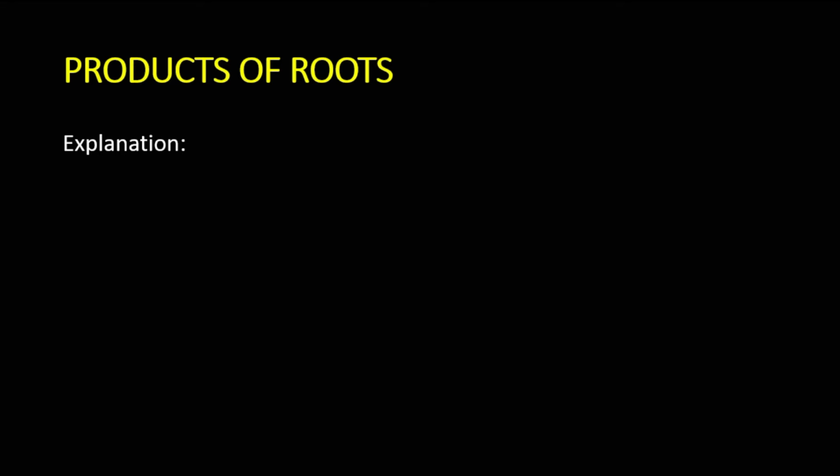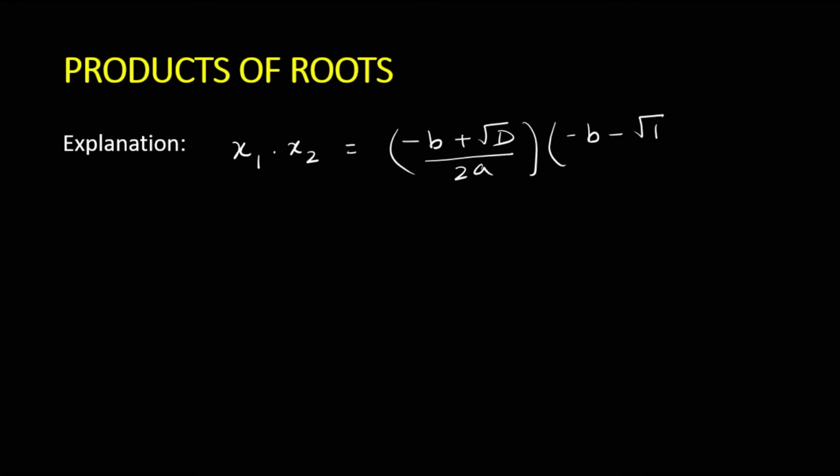Now we have to find the product of the roots. So we have two roots as discussed, so we can write x1 into x2, this is the product, and this is minus b plus root d divided by 2a into minus b minus root d divided by 2a.